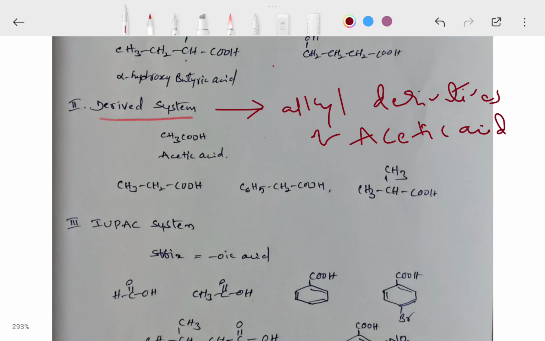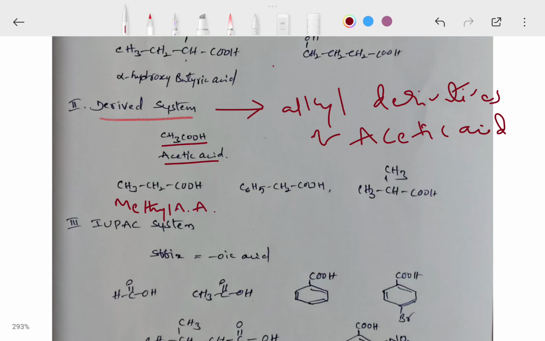You know the formula of acetic acid, CH3COOH. For example, I am taking CH3CH2COOH. By this method, CH3CH2COOH is called methyl acetic acid.